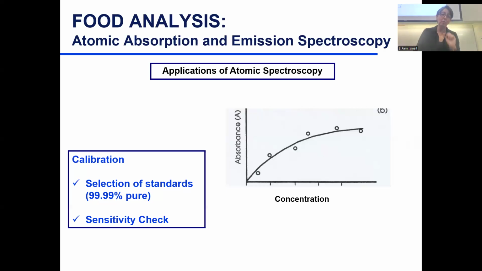So it's very, very important that we identify the linearity of your standards. Make sure we prepare concentrations so that our curve is linear. And then we dilute our samples so that the concentration fits within those standards. And we always work with standards that are very, very pure so that you don't have to worry about interferences.